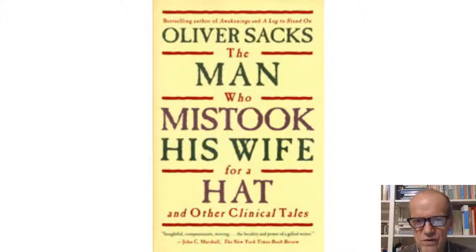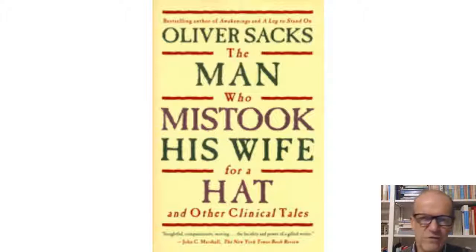The man was also a painter, and interestingly, as Oliver Sacks describes, his paintings became gradually more abstract, from the figural to more and more abstract, which also more or less represented the further deterioration of his right hemisphere.